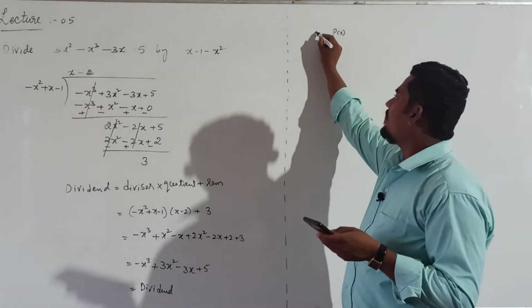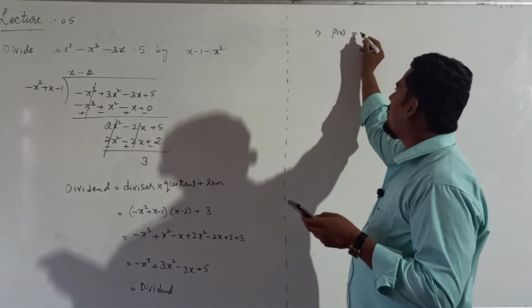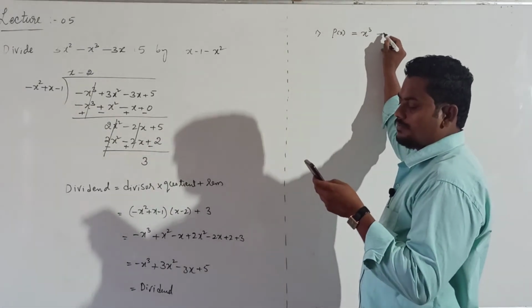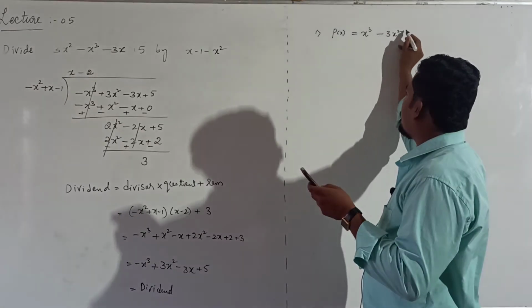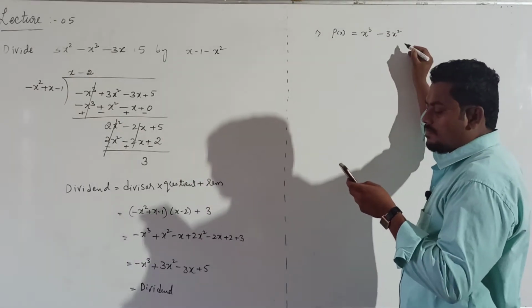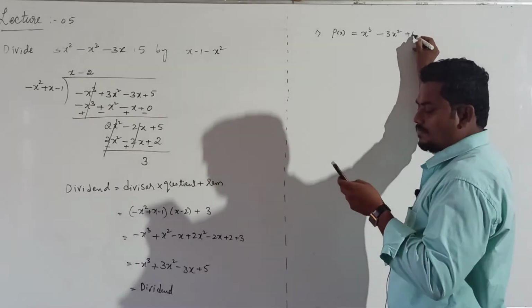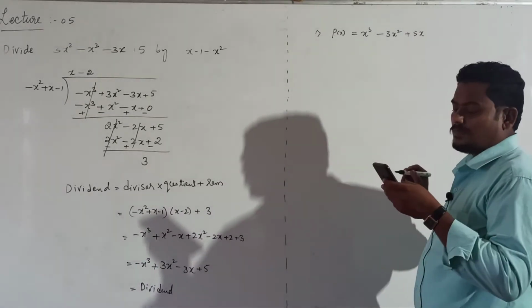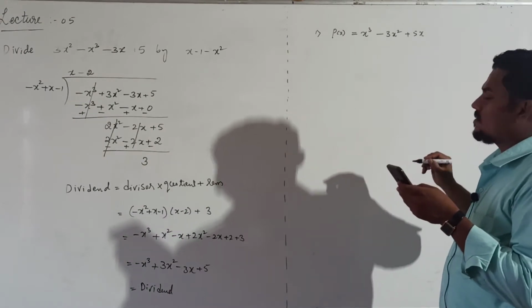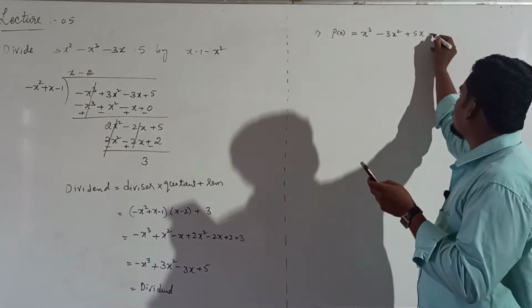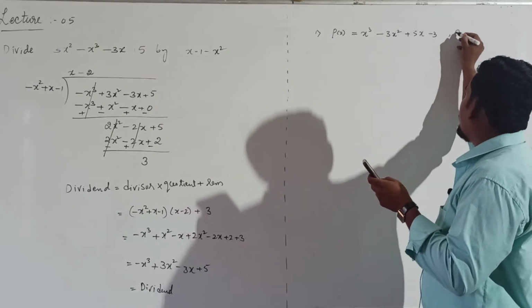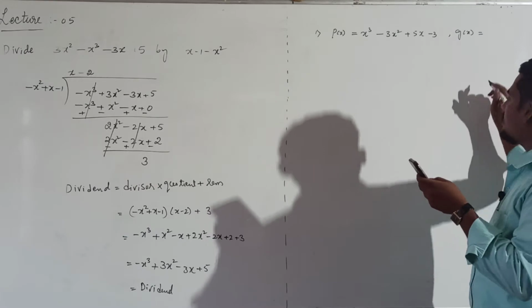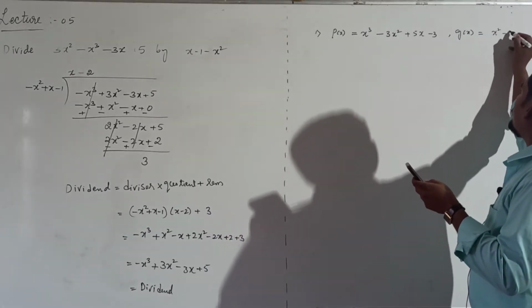First one: p of x is x cube minus 3x square plus 5x minus 3, and g of x is another polynomial, that is x square minus 2.